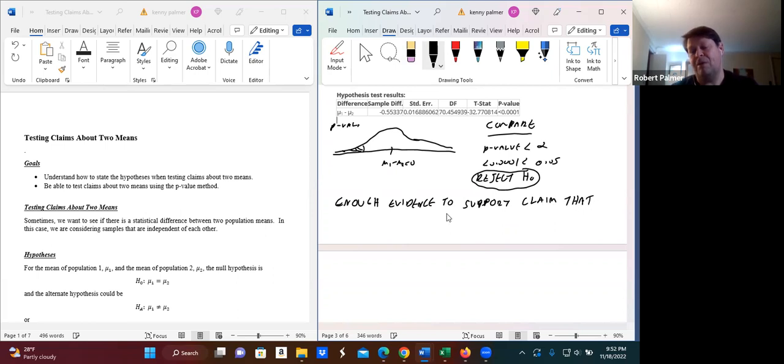Claim that the post-1964 quarters have a smaller mean weight than pre-1964 quarters at the 0.05 significance level.